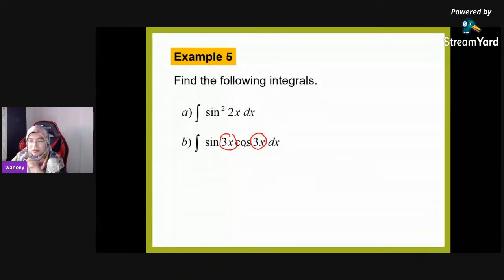Ada apa masalah yang tak nampak ke apa ke? Okey, jelas. Alright. Okay. 4, 3, 2, 1, habis. Okay.